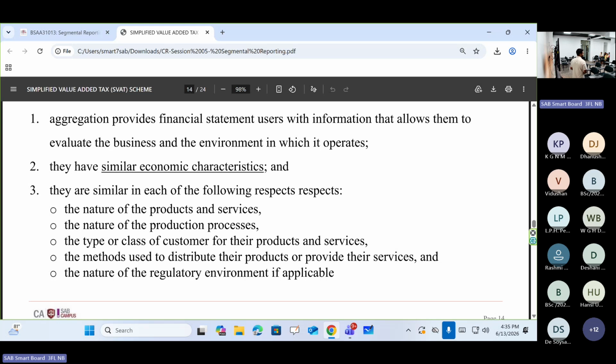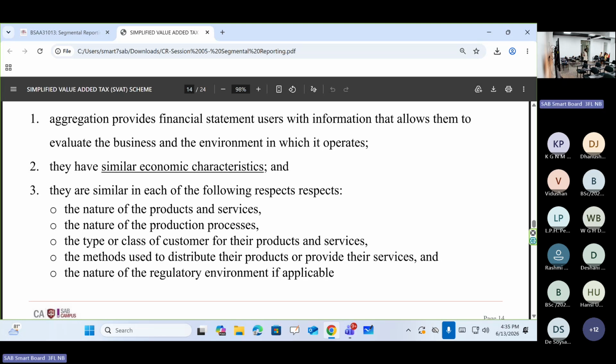Why? It's a different production process, but the same organization. Sometimes your warehouse is also very close by, but you can't aggregate it. To aggregate, it should comply with the aggregation criteria.